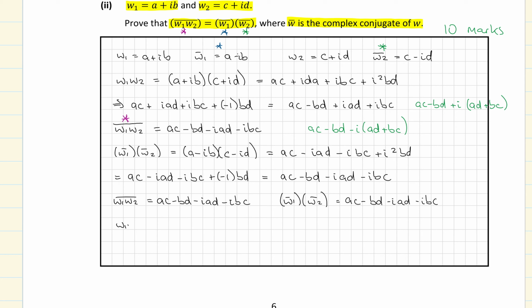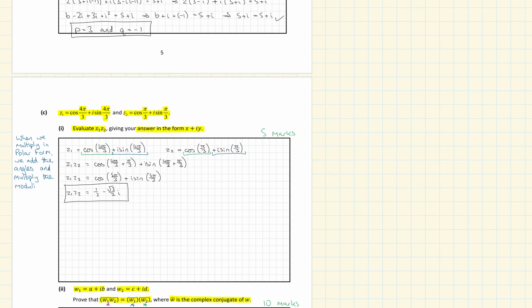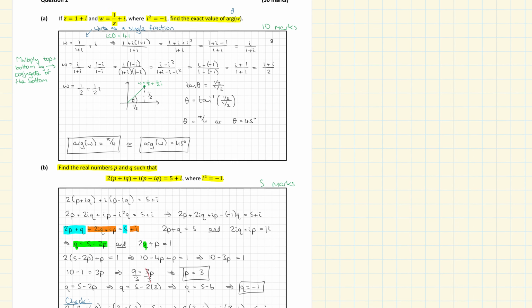So just our statement at the end. Okay, and that's us done for 10 marks. So again, straightforward enough, 10 marks once you got your process correct. And that's that question answered for 30 marks. And that's us done.